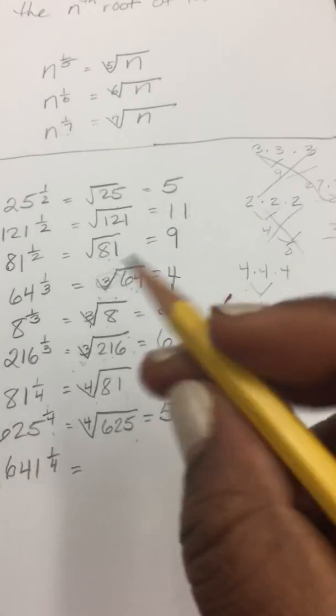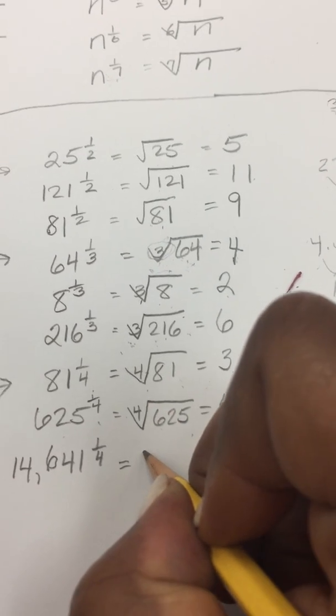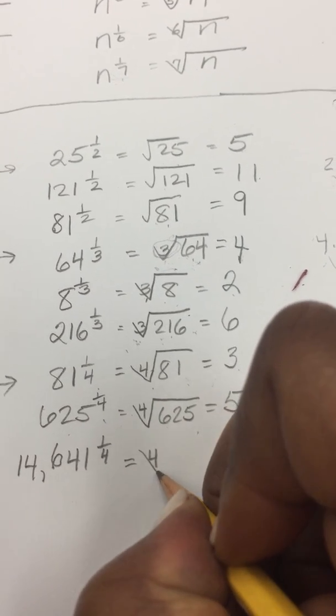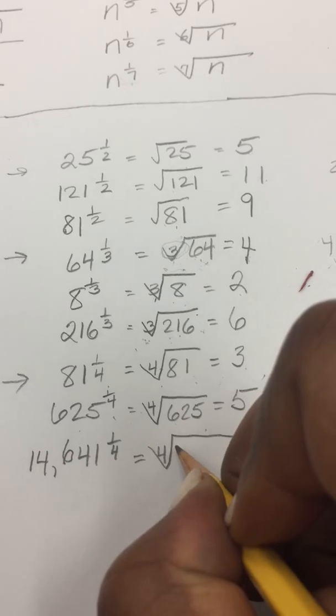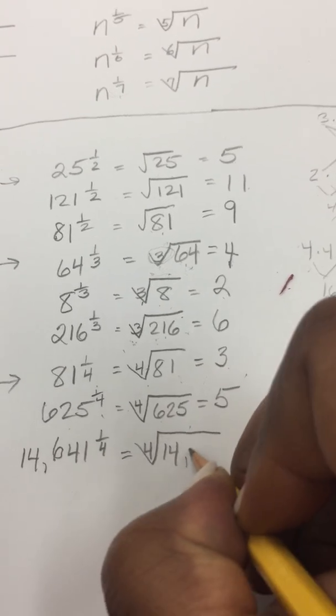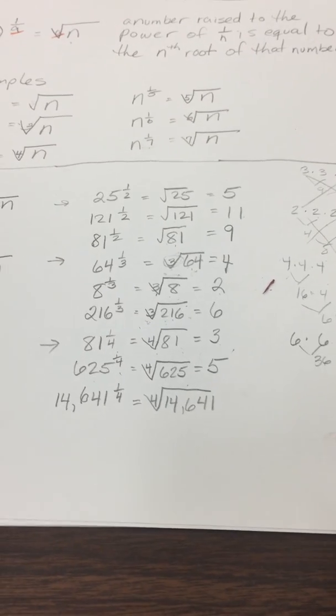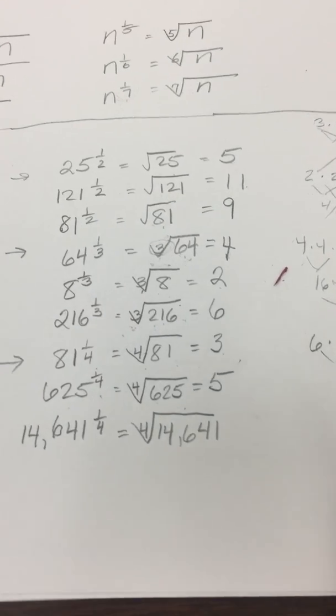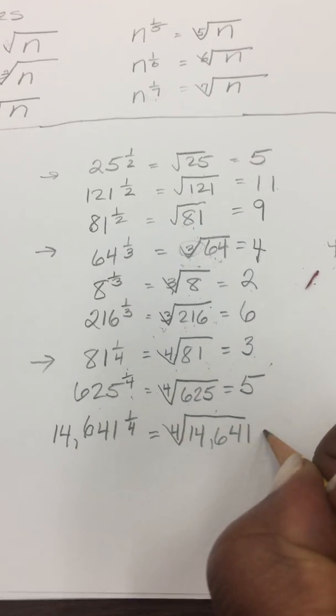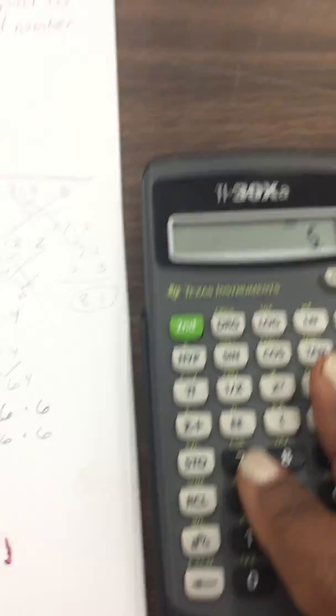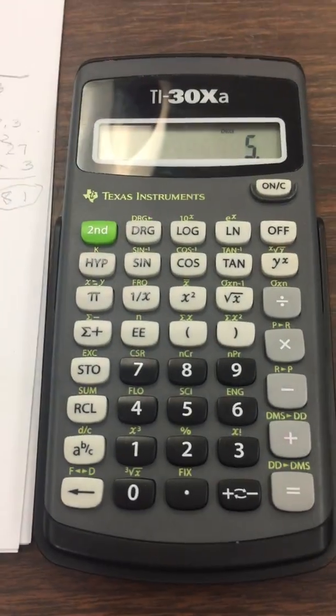So that means we're going to take the fourth root of 14,641. Okay? The fourth root of 14,641. Well, let's see what that equals. Well, we darn sure want a calculator for that, don't we?